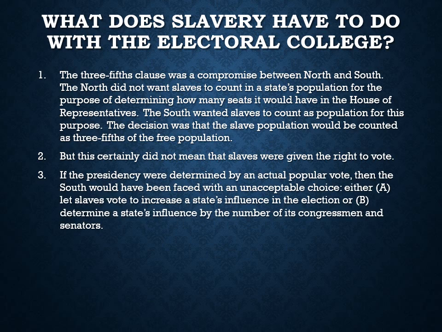Now, if the presidency would be determined by an actual popular vote, then the South would have been faced with an unacceptable choice. Either A, they would have to let slaves vote so that the state would have a greater influence in the election, or B, they would have to find another way to count its choice for president.